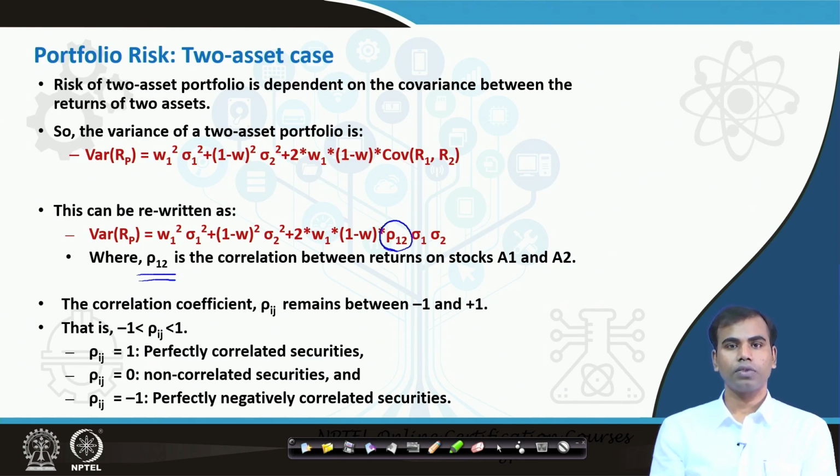If it is -1, we know that it is perfectly negatively correlated. If it is +1, it is perfectly positively correlated, and if it is 0, it is not correlated at all.